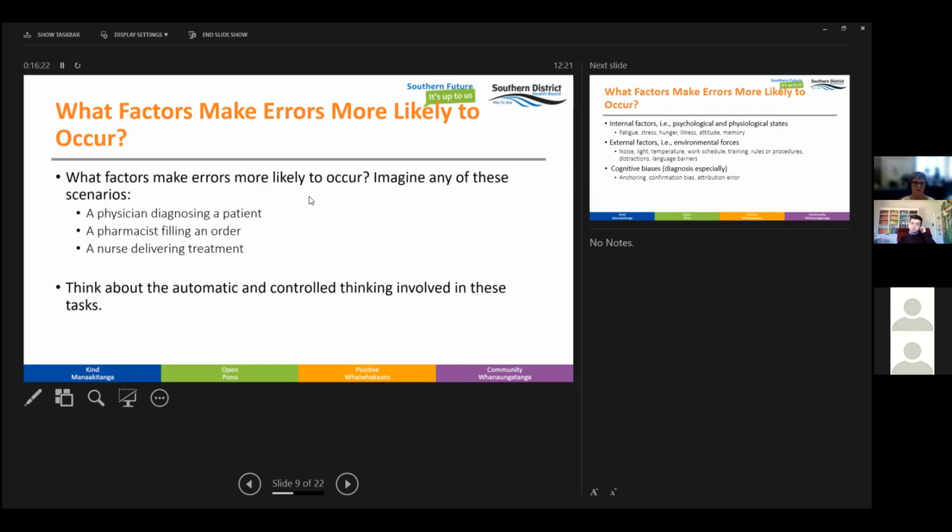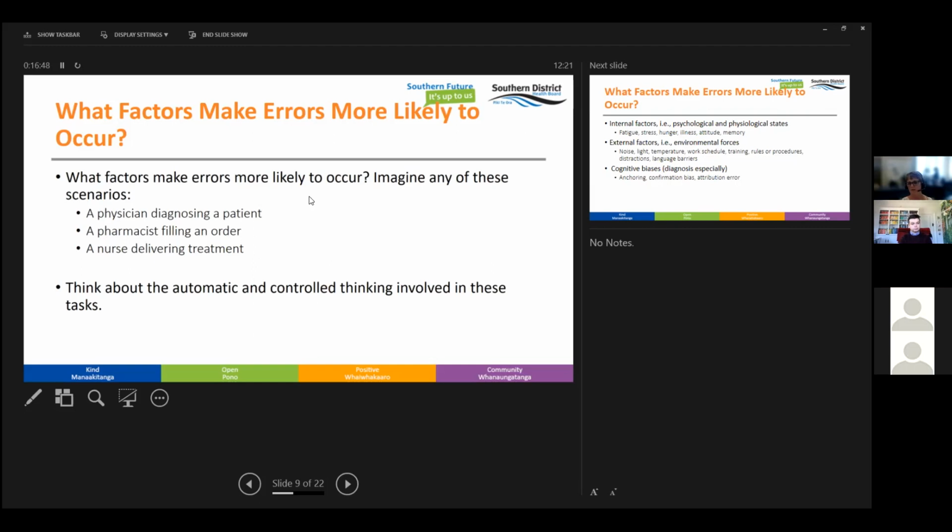What factors make errors more likely to occur? Just think about the following scenarios. You've got the physician diagnosing a patient. There's a lot of information that feeds into that diagnosis. You've got a pharmacist filling in an order. So they generally like to know what the purpose of the medication is, what the patient's medical history is, etc. So it's not just a matter of completing the task at hand.